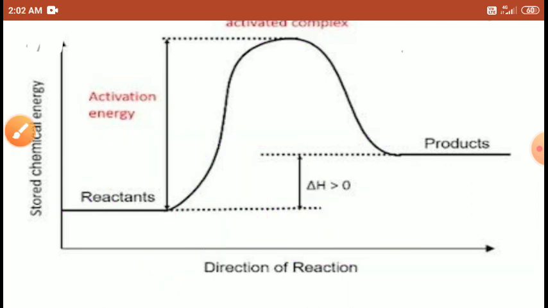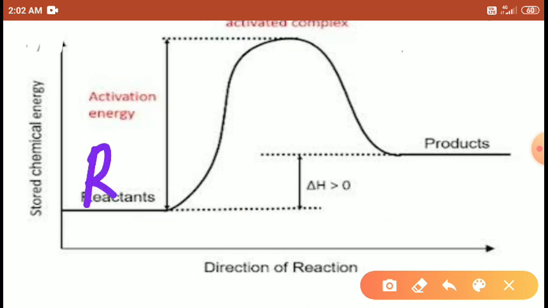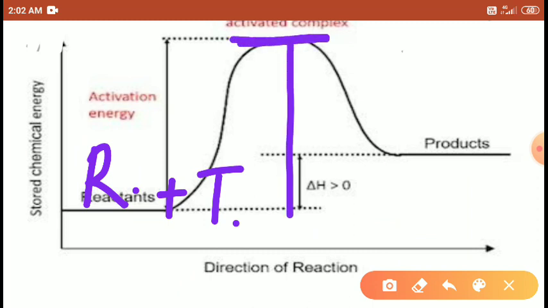Look at it one more time, students. Reactant particles require some additional energy. With the help of additional energy, they reach the activated complex state. That is called activation energy.